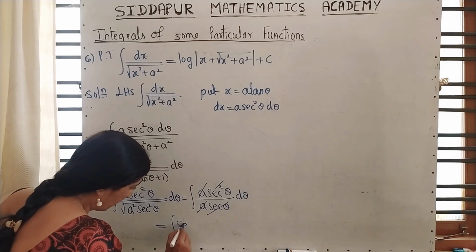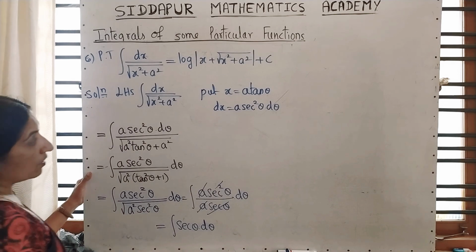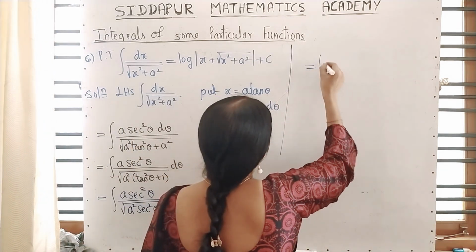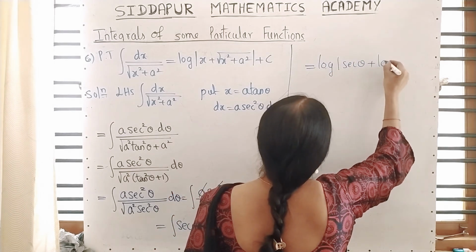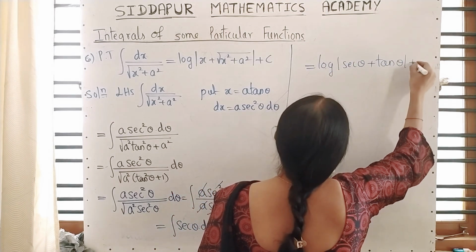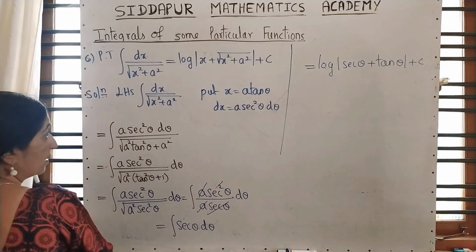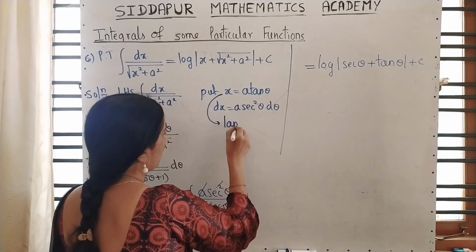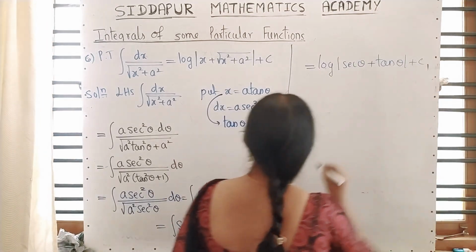It is integration of sec theta into d theta. What is the integration of sec theta? Log of sec theta plus tan theta plus c. What is sec theta? Sec theta we don't know. First we have to convert. Tan theta is equal to x by a. Here I am writing c1.